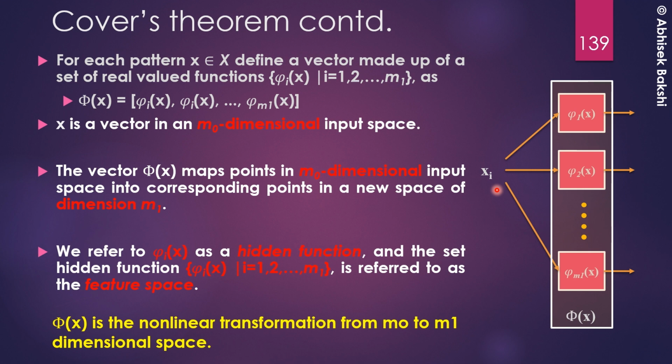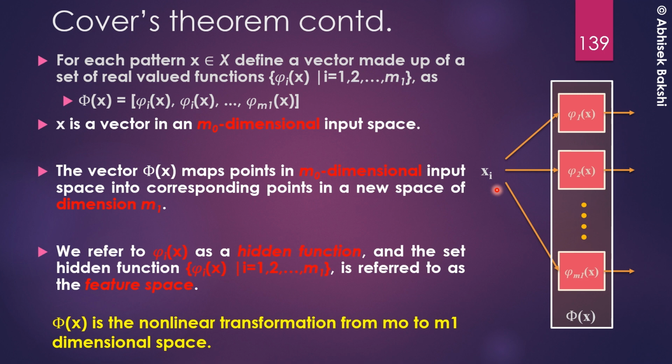What you can do is map this 3 dimensional space to, for example, a 10 dimensional space. What does it mean? It means each point which was represented by 3 features will now be represented by 10 features. So how have these 7 features been added?